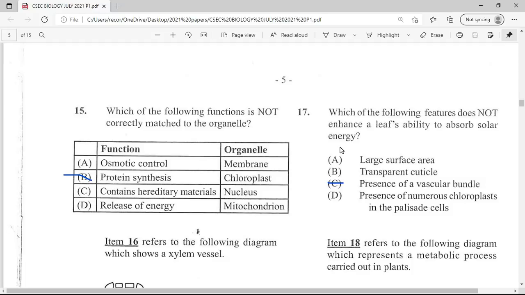This question is not asking about the adaptation of a leaf for photosynthesis. It is asking about the adaptation of a leaf to absorb solar energy. So if you were supposed to look in your textbook, C would have been correct for the adaptation of a plant for photosynthesis. But this is not photosynthesis. This is about light. So I went for large surface area.